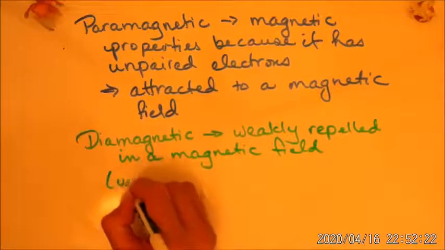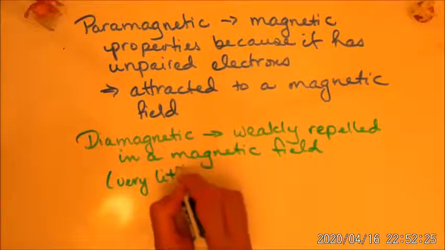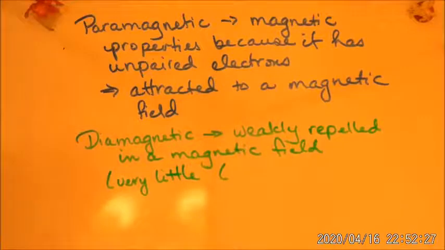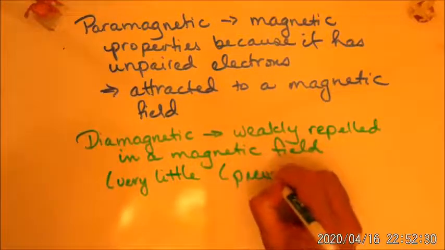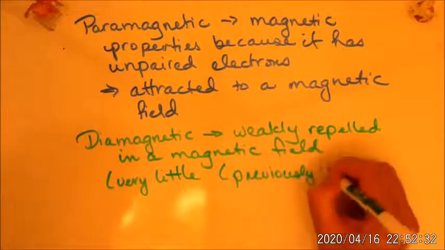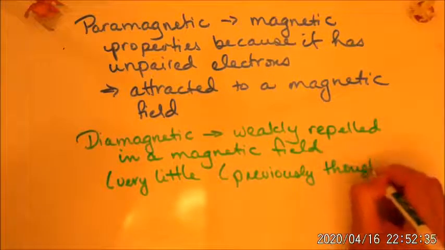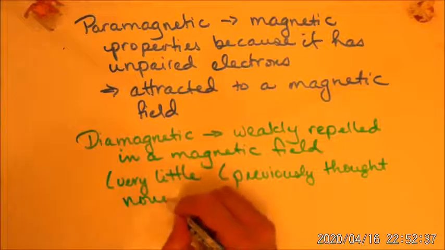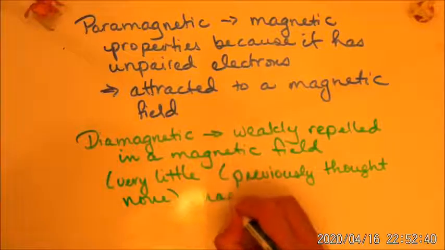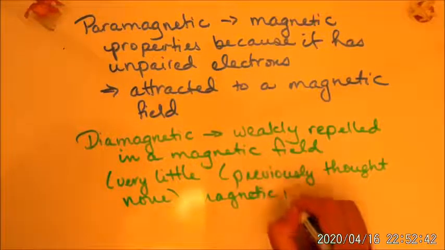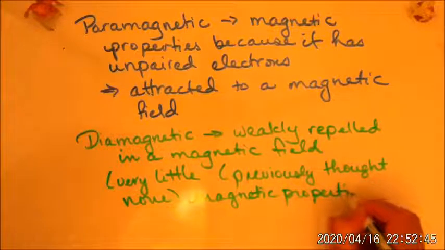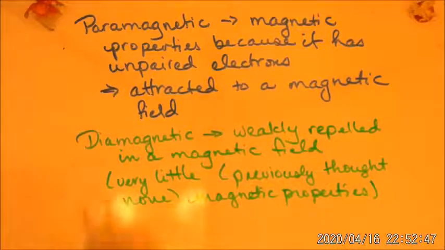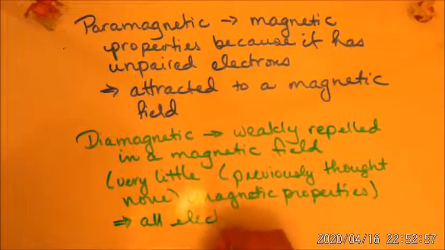It has very little, previously thought none, magnetic properties. Now, on the electron configuration level, it's because all of its electrons are paired.